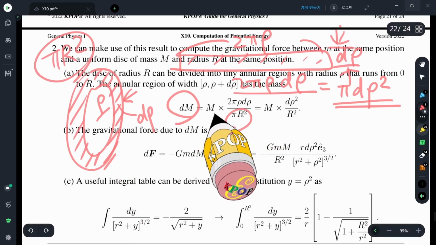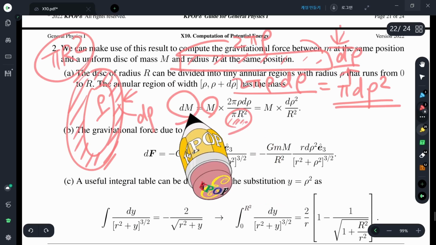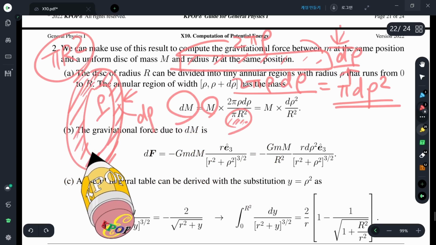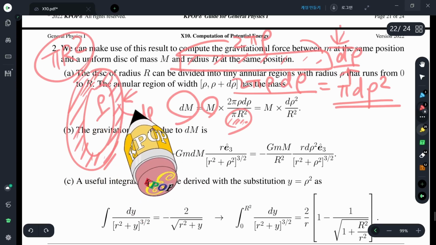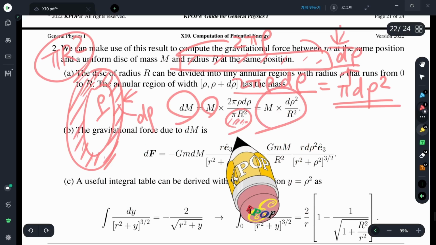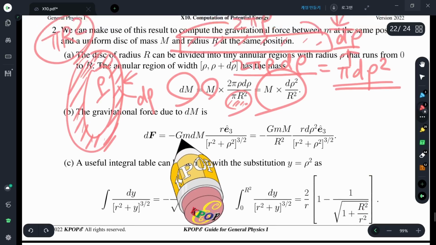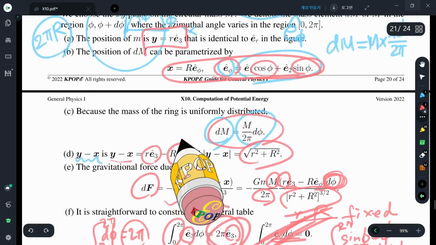So the total area is pi r squared, and the mass is distributed evenly over it. What is the differential mass of the annular region of thickness d rho at radius rho? It is this. And we can make use of the result we just obtained previously.